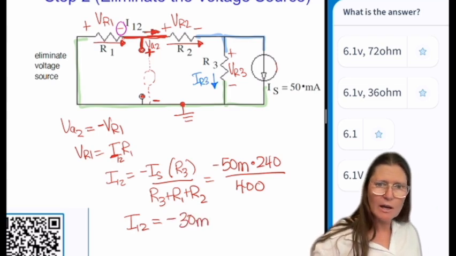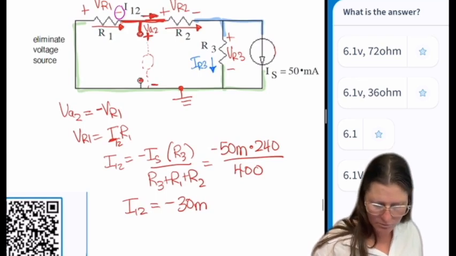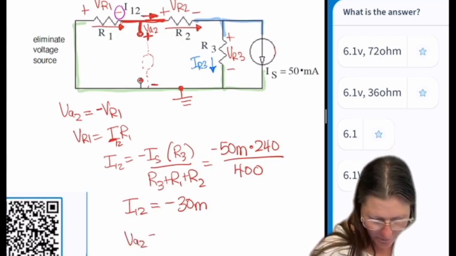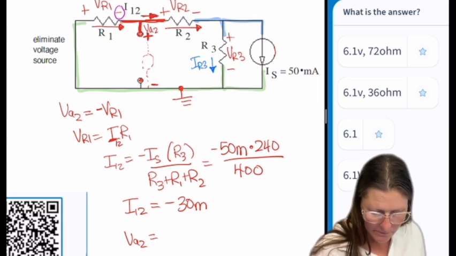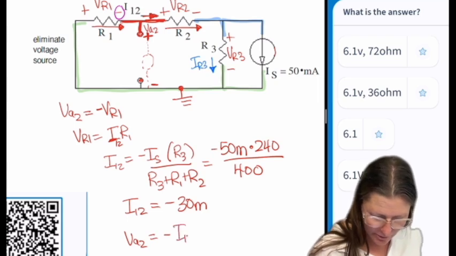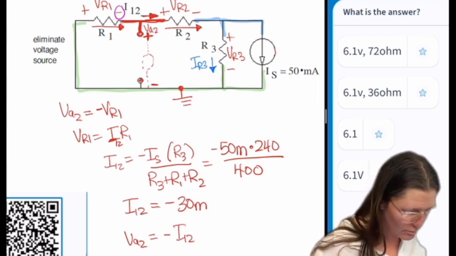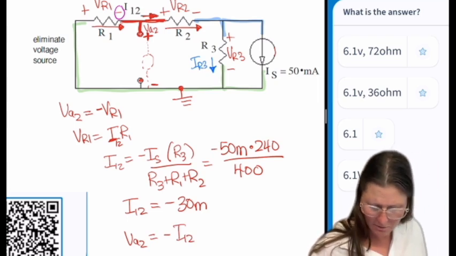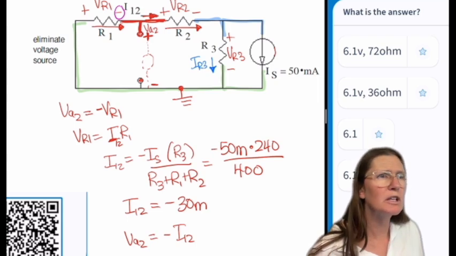So 30 milliamps, and so VA2 will be A minus VR1, which is I12 times R1. What was R1, 40? Is R1 40?